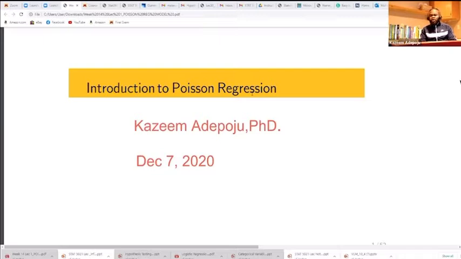These are on predetermined events, because what happens for you to visit a doctor is a random event. There are so many examples of count data that we can talk about.